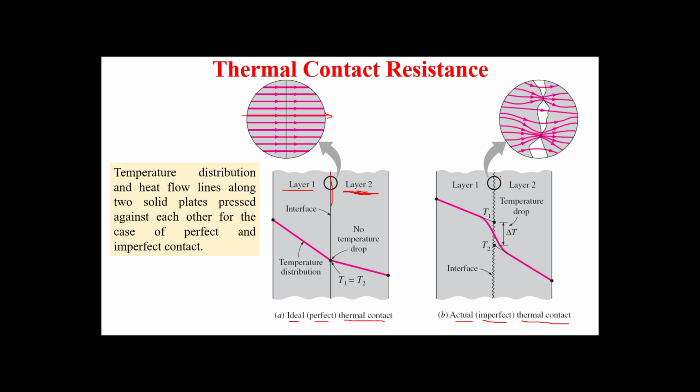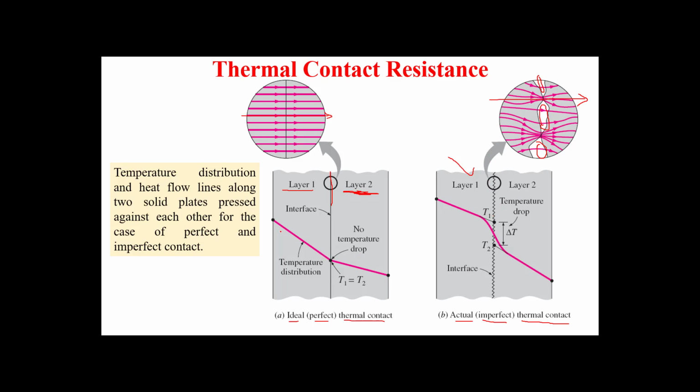But if we have certain roughness, imperfect contact, and this is usually what happens, then because of roughness we'll have gaps. Those gaps are filled with maybe air, maybe vacuum, and this will affect the Q. The Q will not flow smoothly.